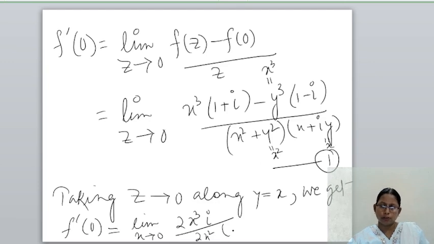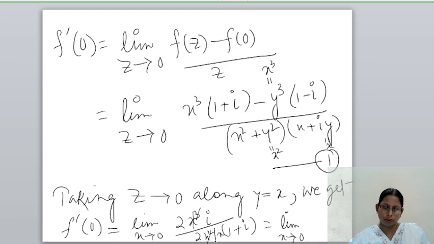If I take x common, this is (1 plus i). So this will be the limit as x tends to 0. Here, the x's cancel out, and I will be left with i over (1 plus i).